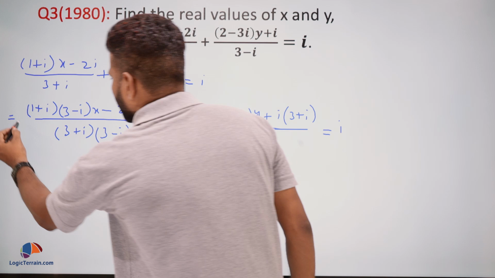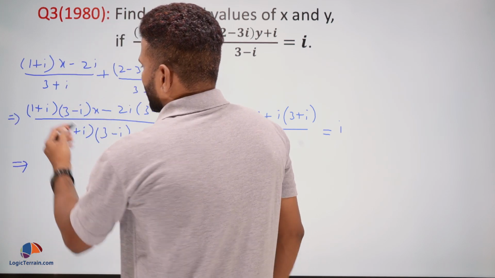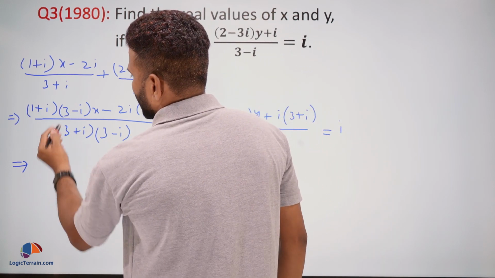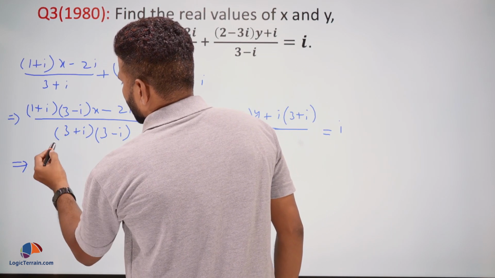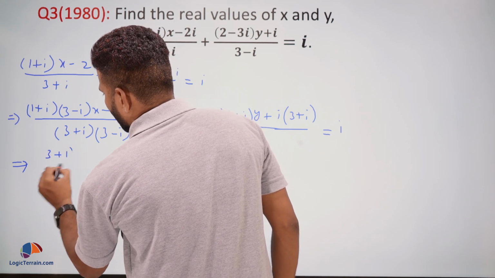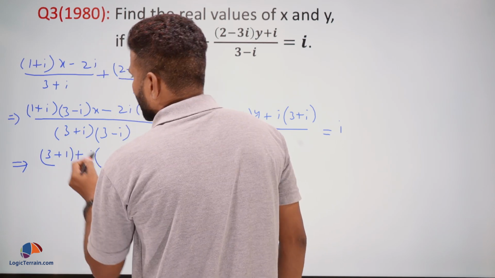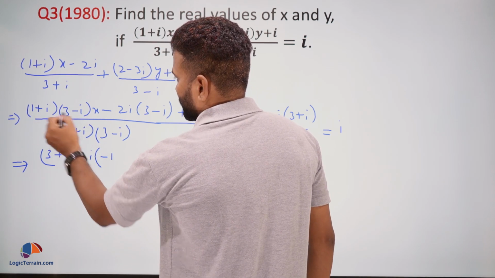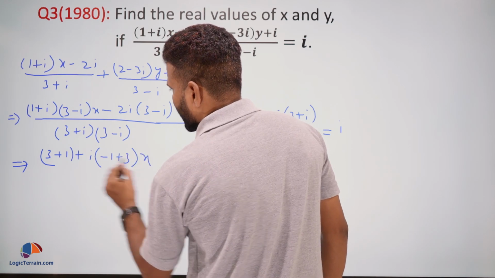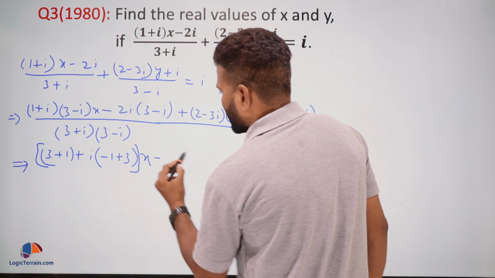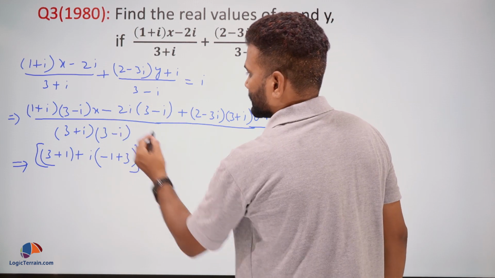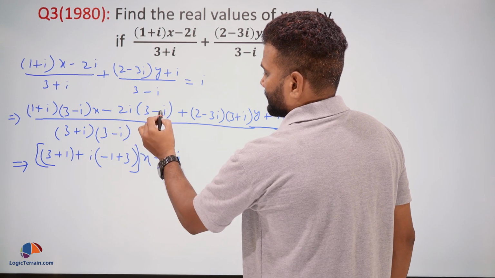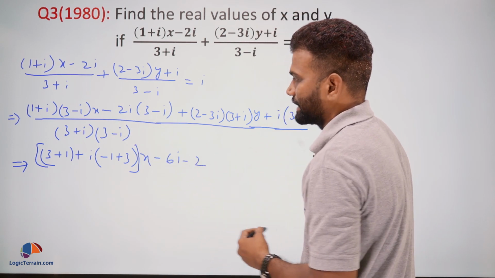So further, we'll multiply using the product rule, that is AC − BD: 1 into 3, 3, minus BD, that is minus of minus, plus 1, so 1s are 1, plus i into AD, that is negative 1, plus BC, i coefficient 1, 1 3s are 3, into x, minus, when you multiply this becomes minus 6i into i square, negative into negative positive, i square is negative 1, so this becomes negative 2.